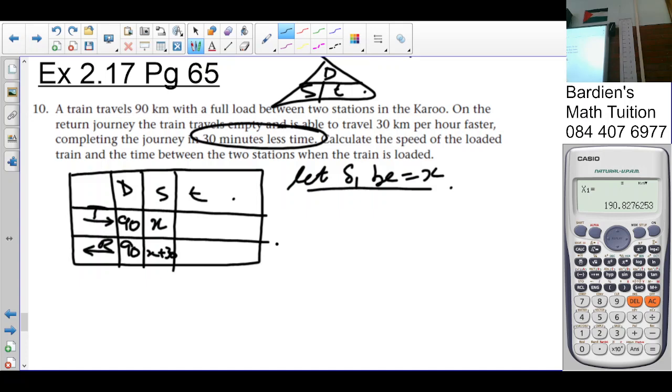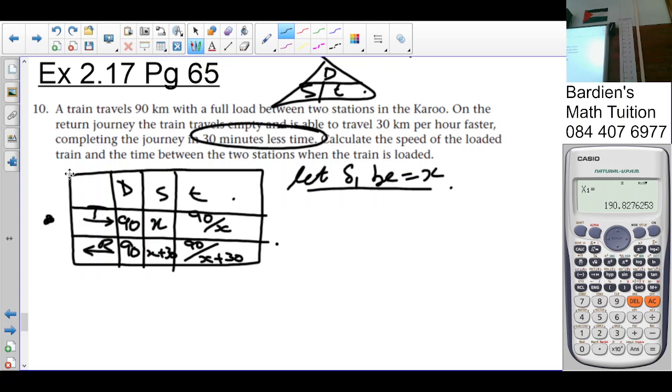The train travels 90 kilometers with the full load, so this is going to be the one with the load. So in other words, I'm calculating x and I'm calculating T1. What is T1 equal to, people? How do you work out time? It's distance over speed. So it's going to be 90 over x. T2 is going to be 90 over x plus 30.